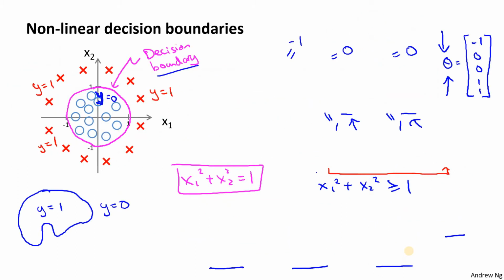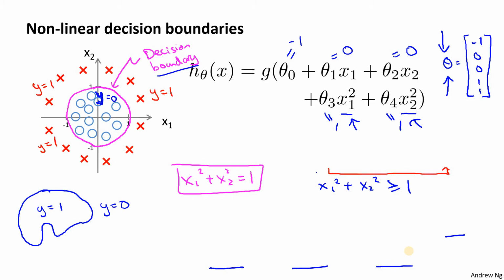Sometimes the decision boundary will not be something that can be represented by a straight line. So for example, if you see over here, this pink line, that's the pink boundary that you see over here. It's not a straight line.